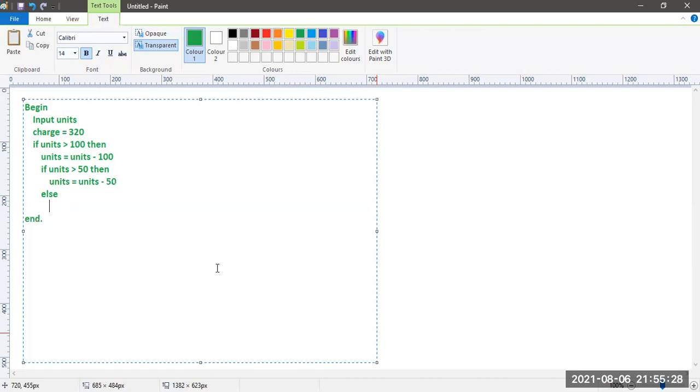Let's say charge equals already existing charge plus units into 2.75. So the next 50 is 2.75 again.